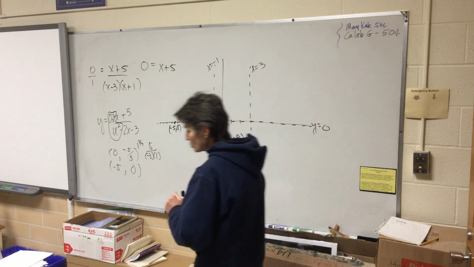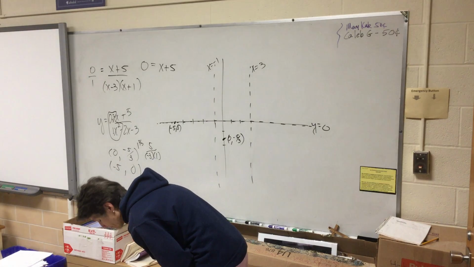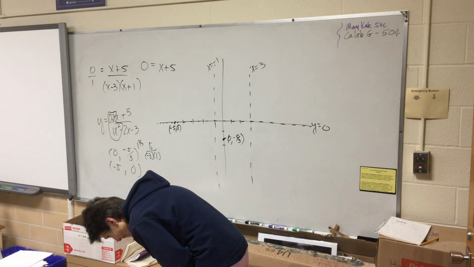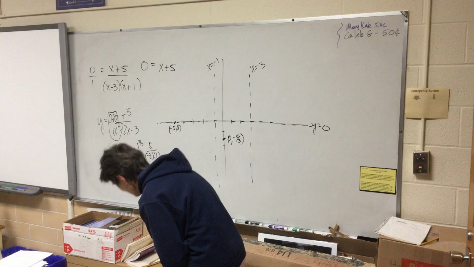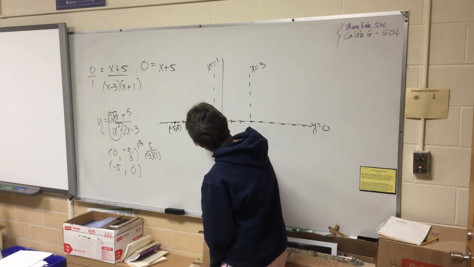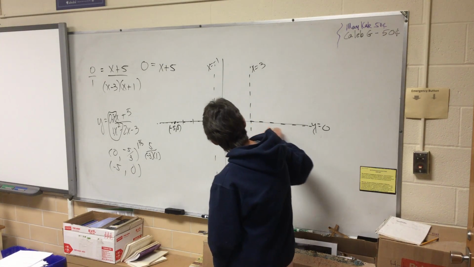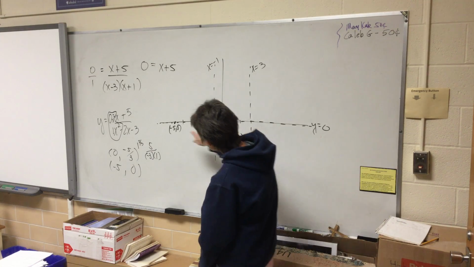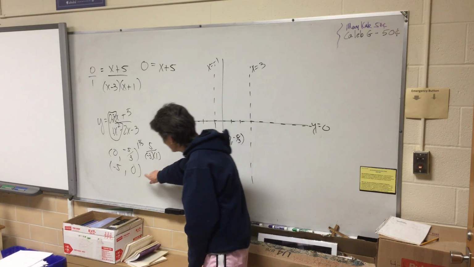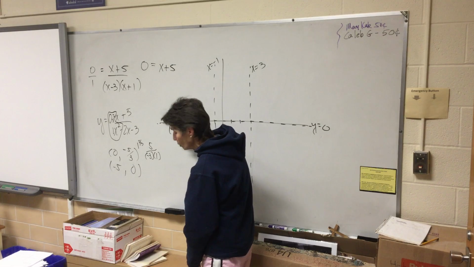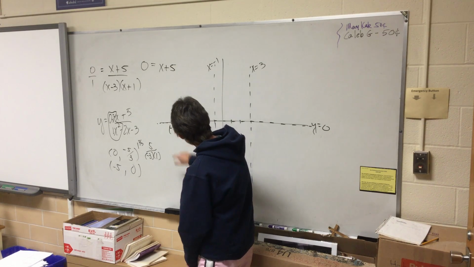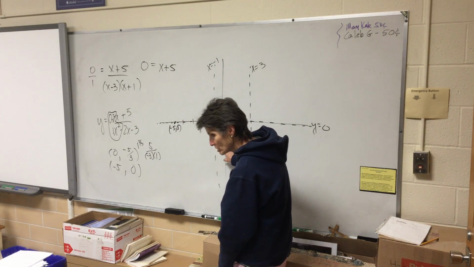Okay, now, here's what I want you to remember. When you're graphing anything, you cannot cross the x-axis anywhere but here. That is your only x-intercept, right there. That's the only place you can cross the x-axis. And this is the only place you can cross the y-axis.